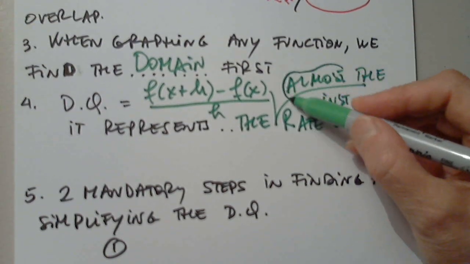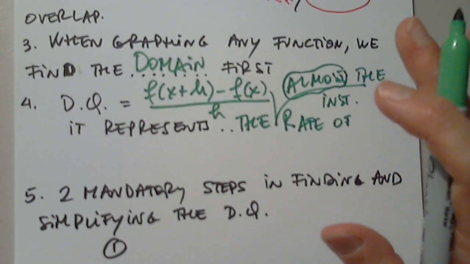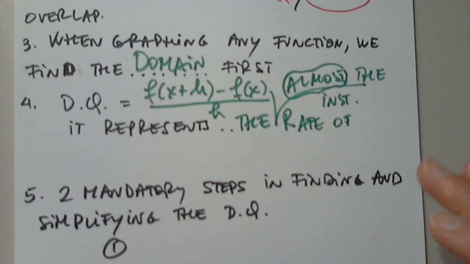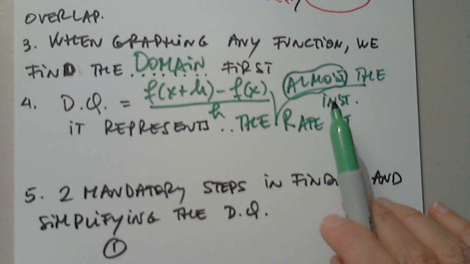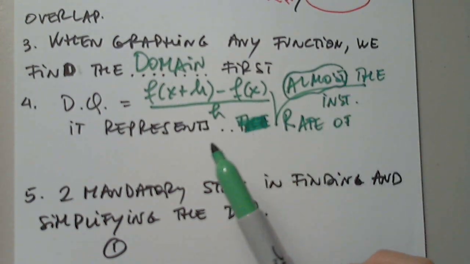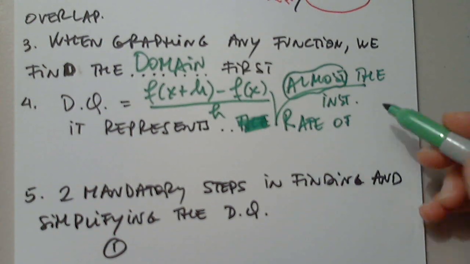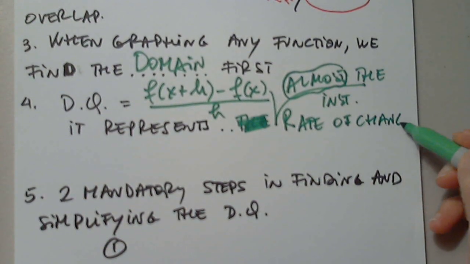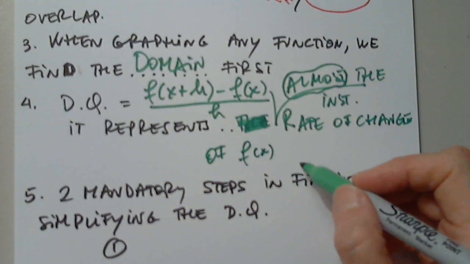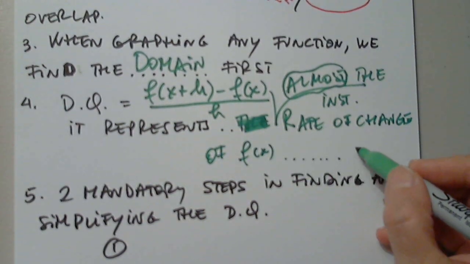But almost is very important. It's not exact. We will see when it's exact. But right now it's not exact. We don't have everything. So it represents almost the instantaneous rate of change of f of x.